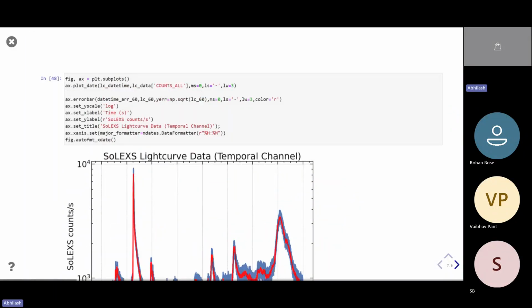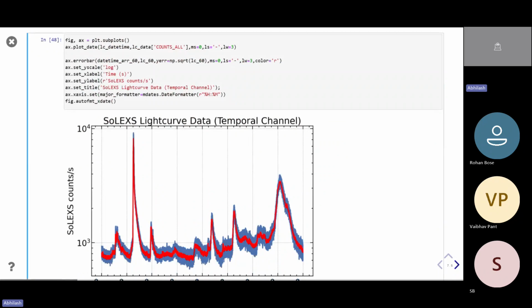Of course, we can add errors on this data as well, which is again Poissonian statistics. And this is what one entire full day of data looks like. There are several flares happening in one day, of various flare energies as well.